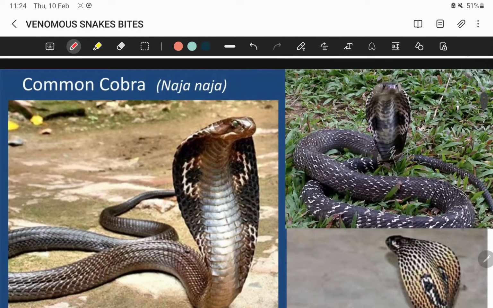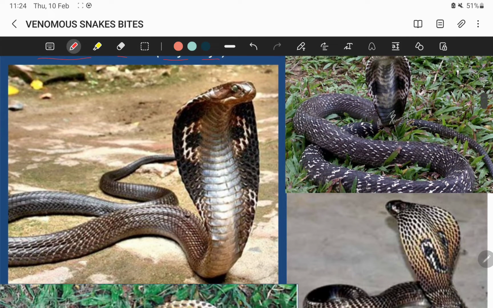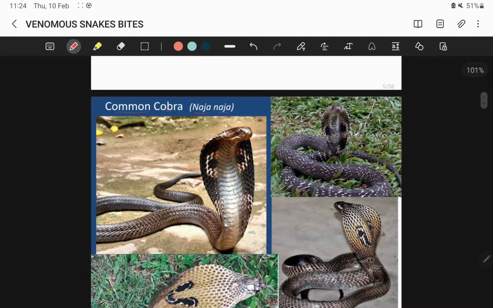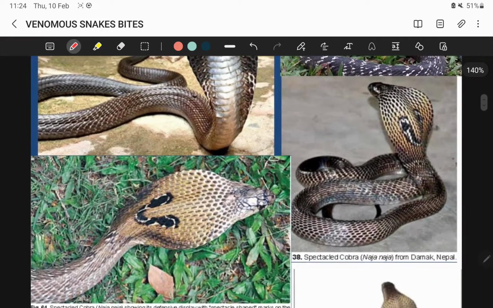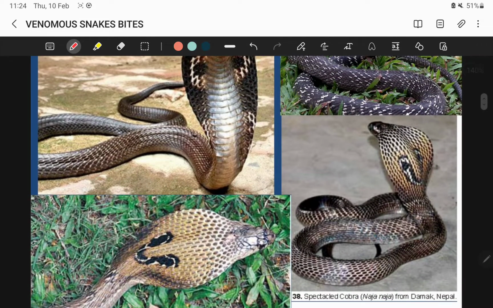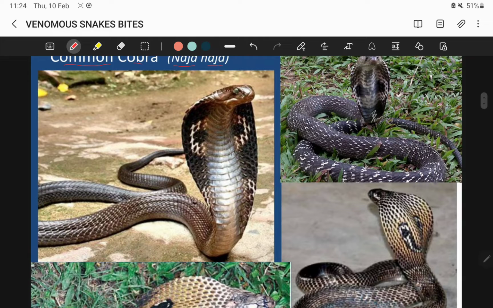And this is the common cobra. Another name is Naja naja, the local name; people also know it as Naja naja. Look here, this is the common cobra, also known as the spectacled cobra.